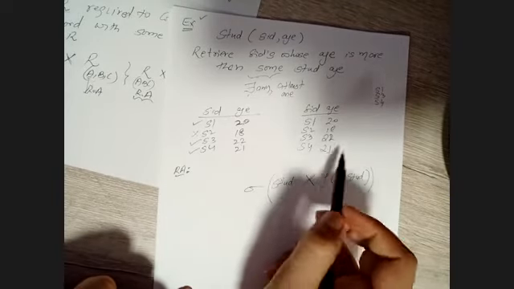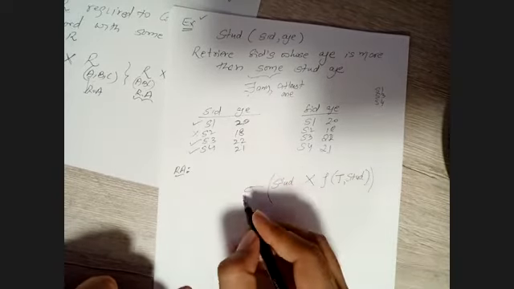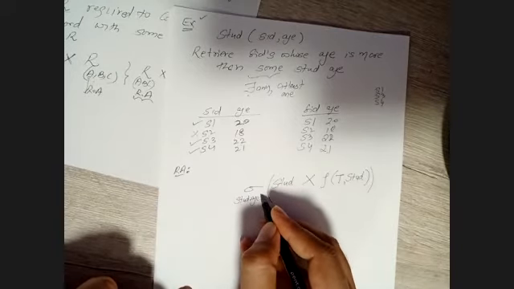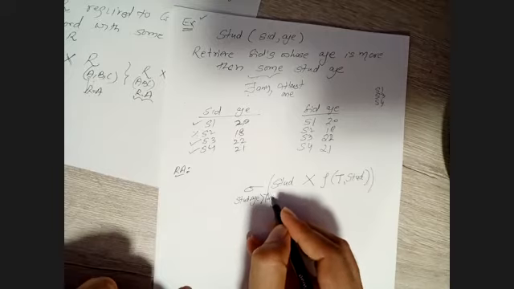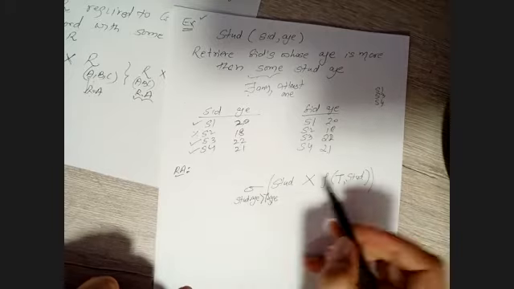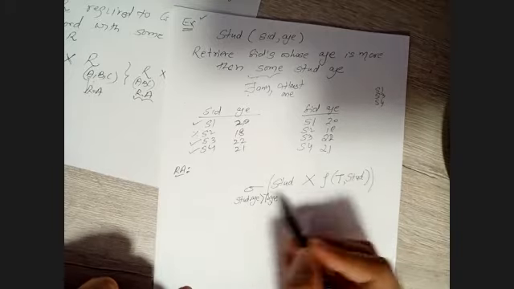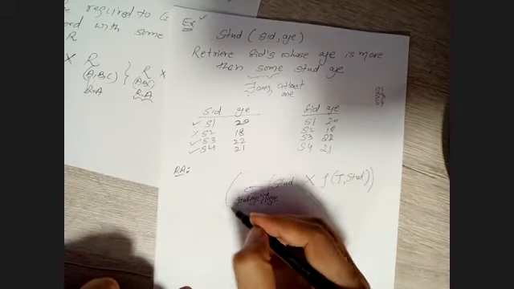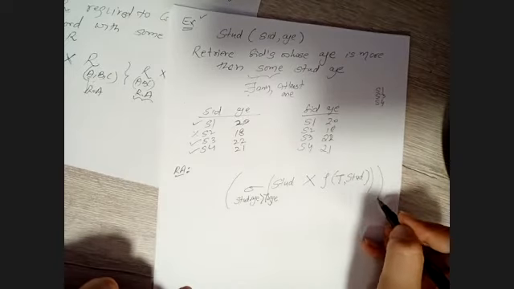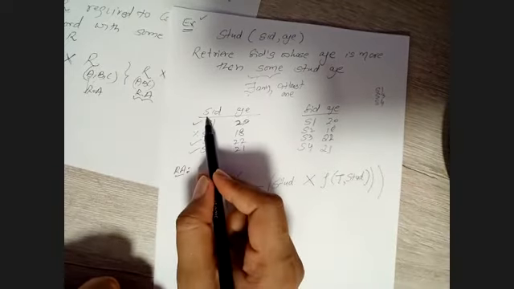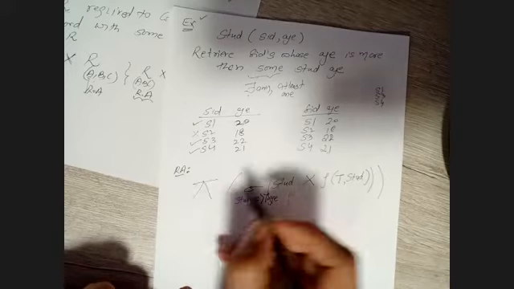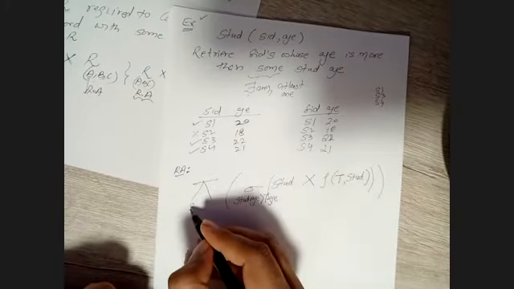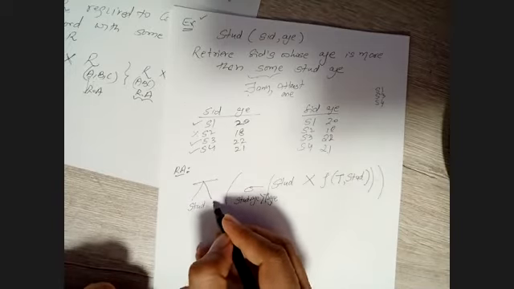Now I will select all those records in which student.age is more than T.age. Because we have one table, with the student attribute and T.age here. Once we have selected those rows, we will reflect the corresponding SIDs. But SIDs are here and also here. Which SIDs? Definitely the first one, that is student.SID.